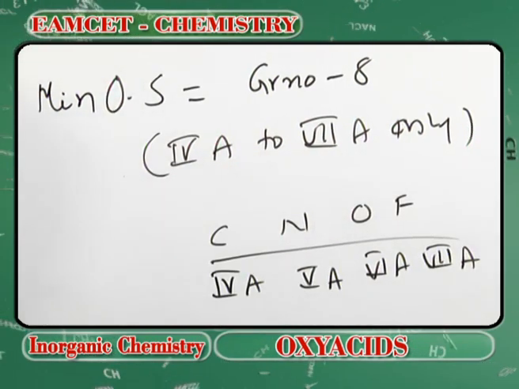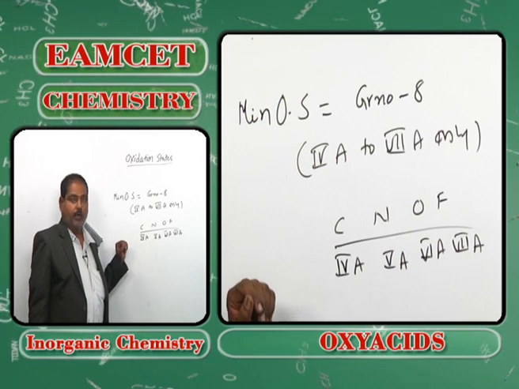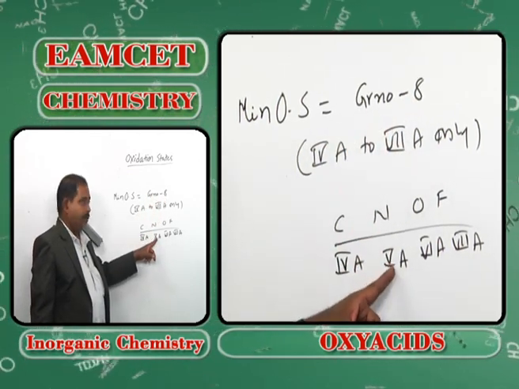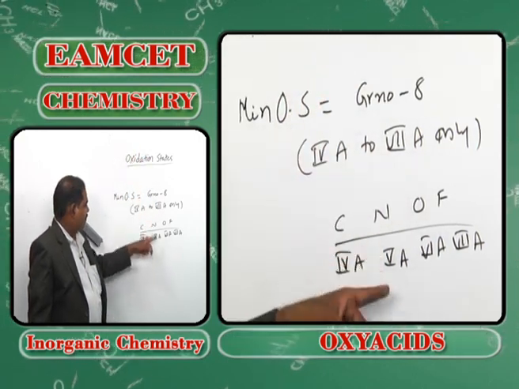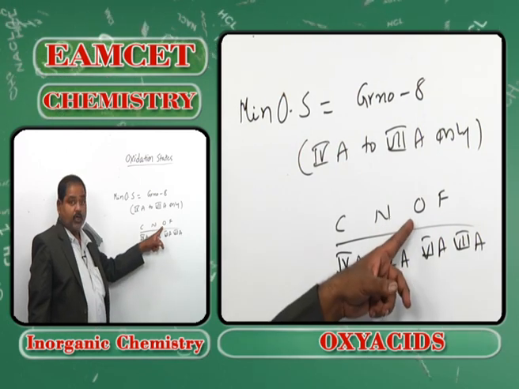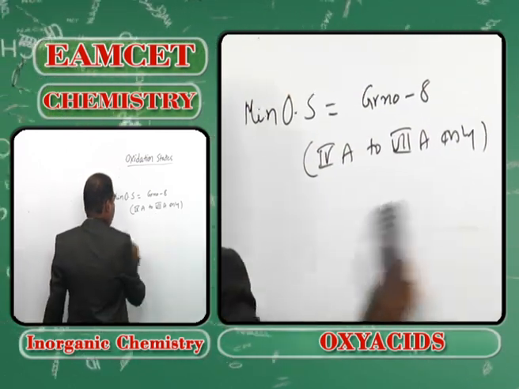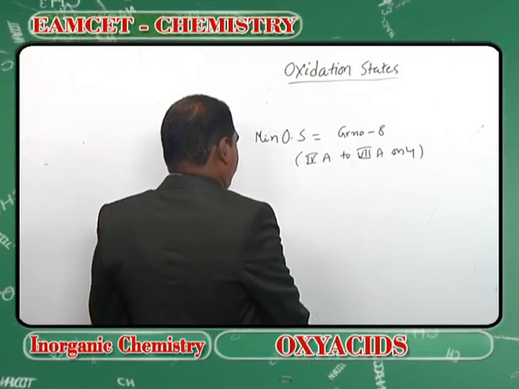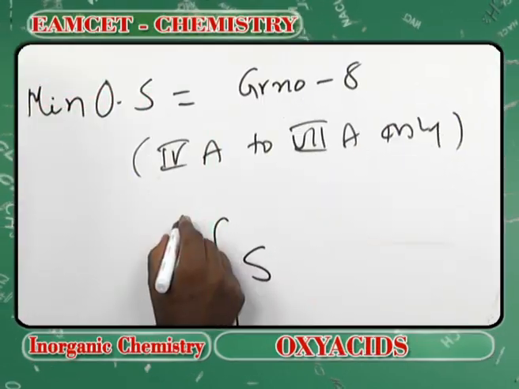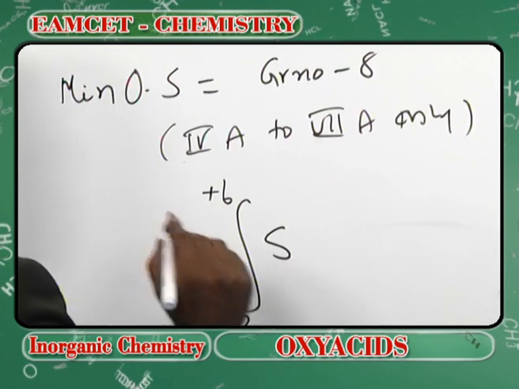So, carbon maximum plus 4, minimum minus 4. How do you get it? Group number minus 8. Plus 5 is maximum, minus 3 minimum. Plus 6, minus 2. But of course, oxygen, I told you, doesn't exhibit an oxidation state of plus 6. So, here you are. Sulfur, 6th group, maximum plus 6, minimum minus 2.